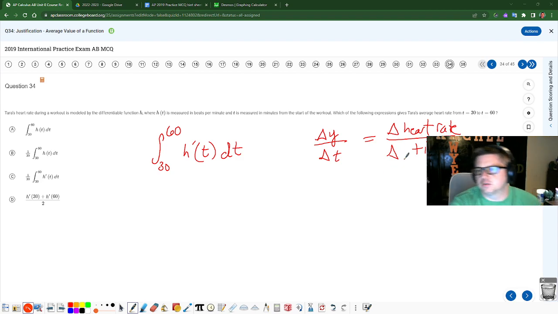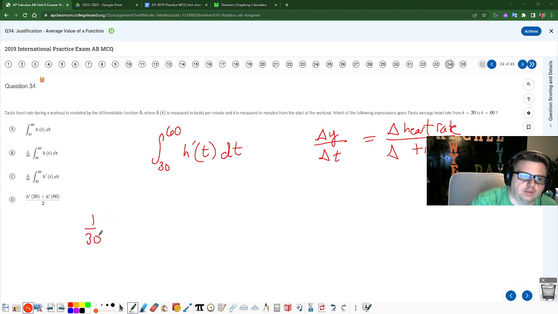Okay, so the change in time is easy to do. We can just do 60 minus 30. That's going to be the 1/30th. So that's where you start to get this idea, because we're over a 30-minute time frame. Boom and boom. So now we're here. So when we take the integral we want to get the change in heart rate.